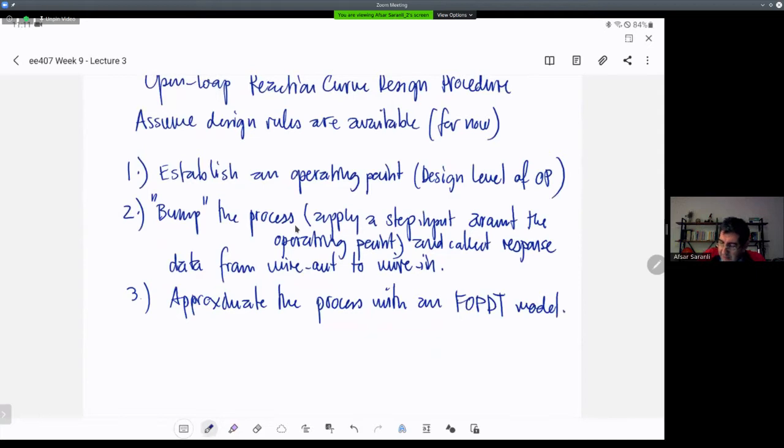The fourth step, which is kind of new now, is that you need to choose a desired closed loop time constant.